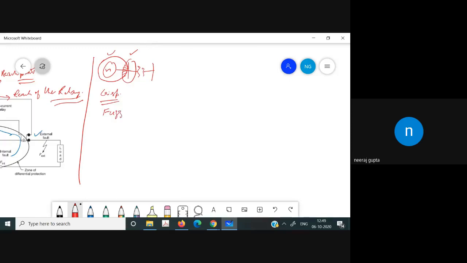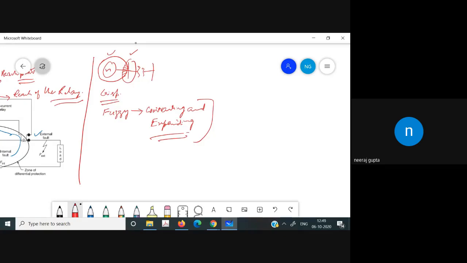It is not deterministic. You can say it is fuzzy because that area will keep on contracting and expanding. Now, why this contracting and expanding? This is due to the fact that the fault depends upon different factors.